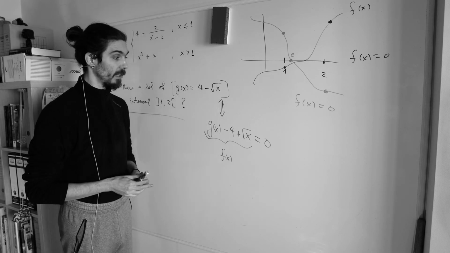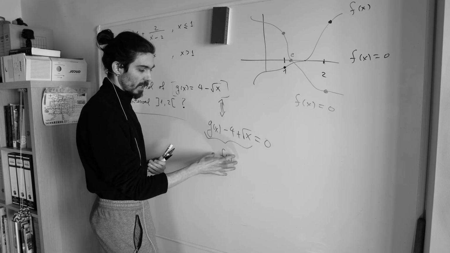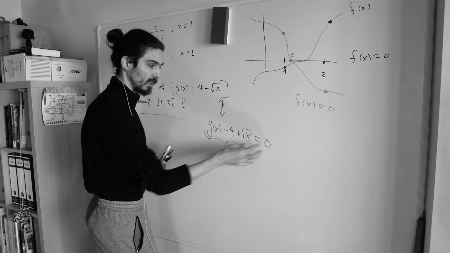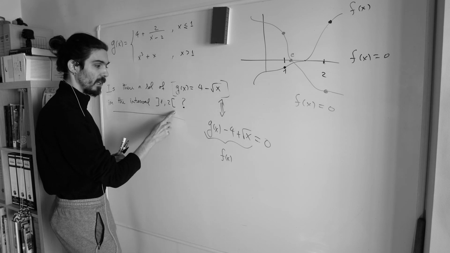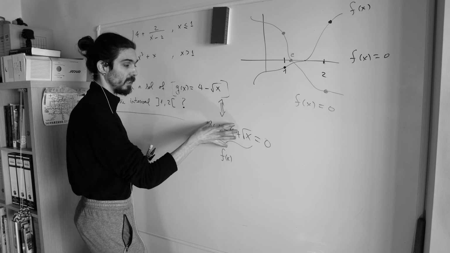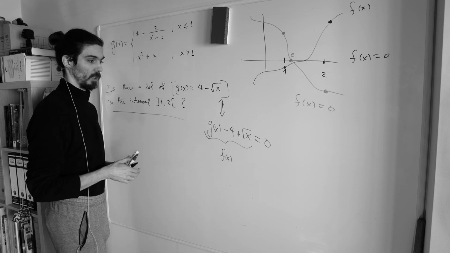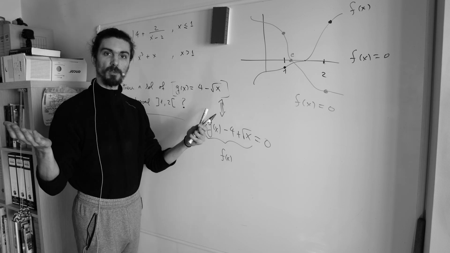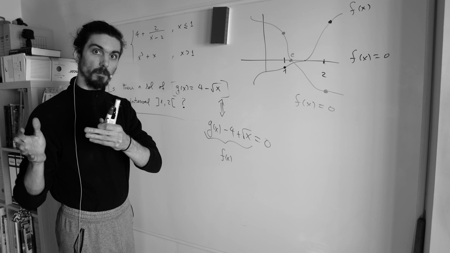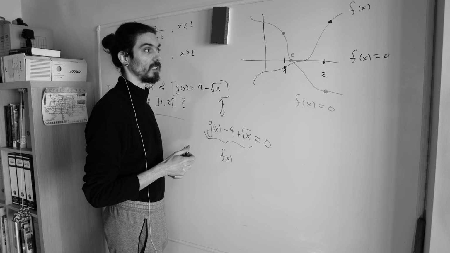This reformulation essentially puts our question in this form, because asking is there a zero of f of x in this interval is the same thing as saying does f of x equals 0 have a solution in this interval, which in turn means does g of x equals 4 minus square root of x have a solution. So you have these different problems, and they are all equivalent. But the version of the problem that says f of x is equal to 0 is exactly what we need to use this strategy here.